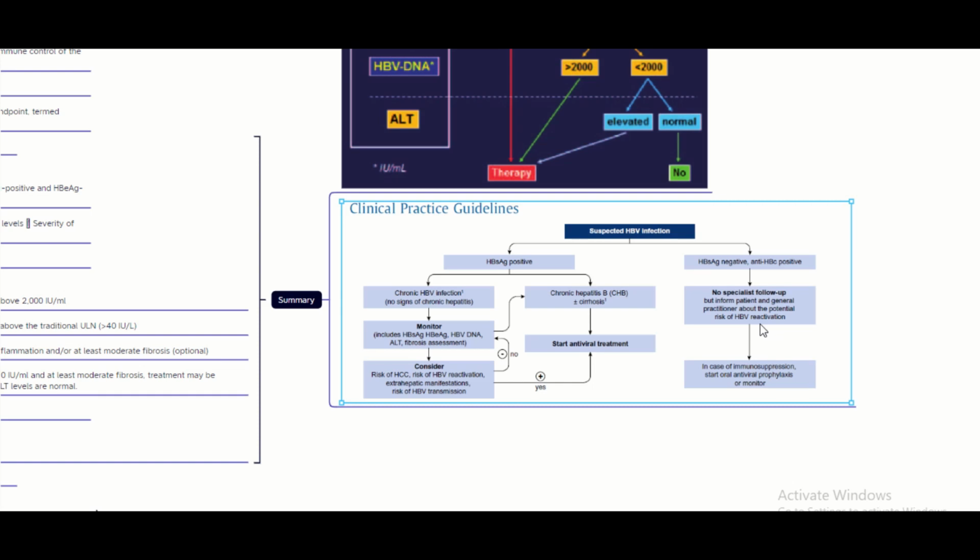If the patient is positive with no signs of hepatitis, then we will just monitor the patient. If the patient goes into hepatitis, not infection, this means that the patient needs to start therapy. This is an increased ALT.